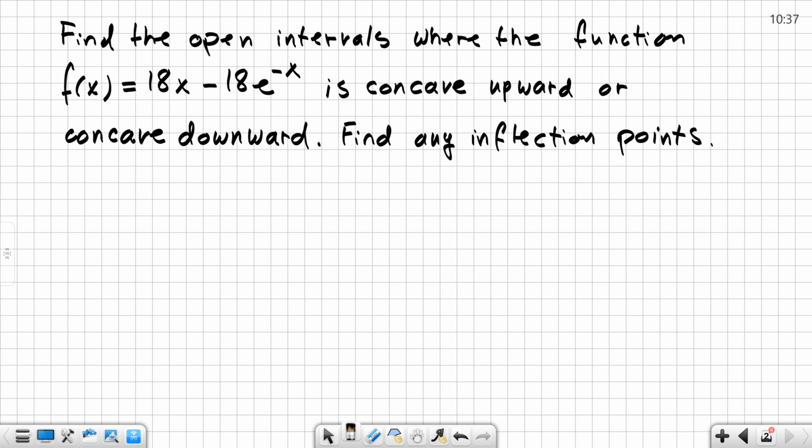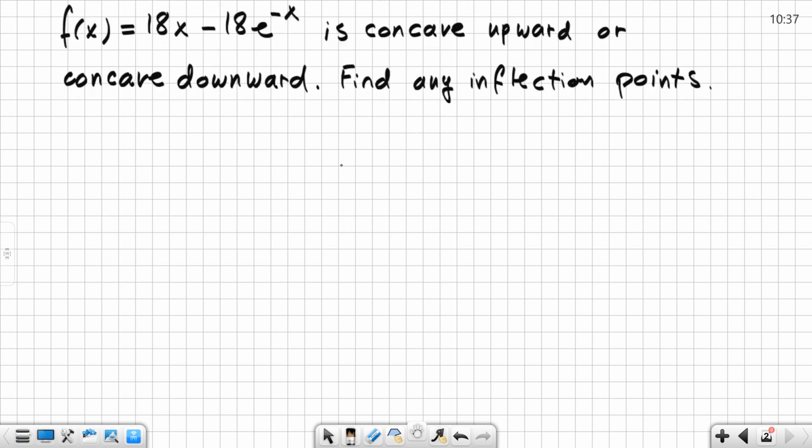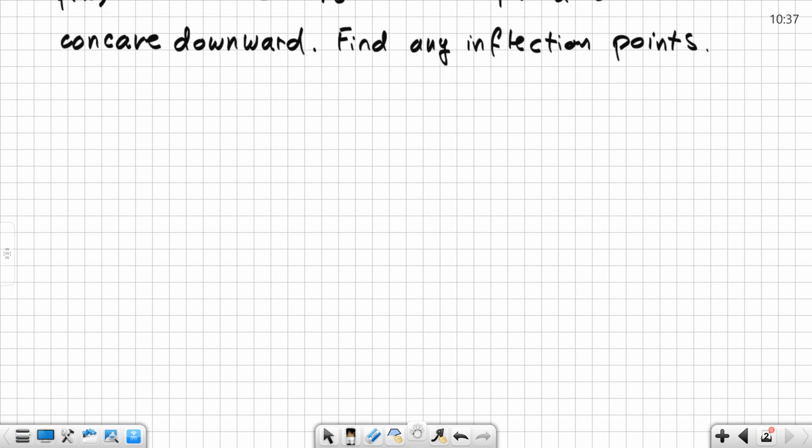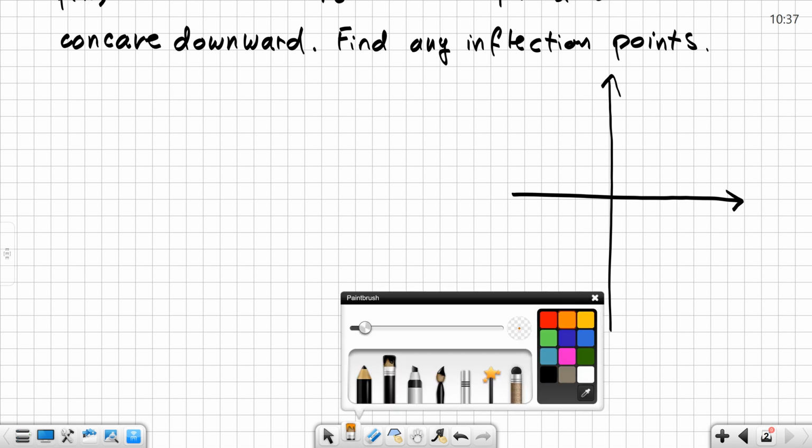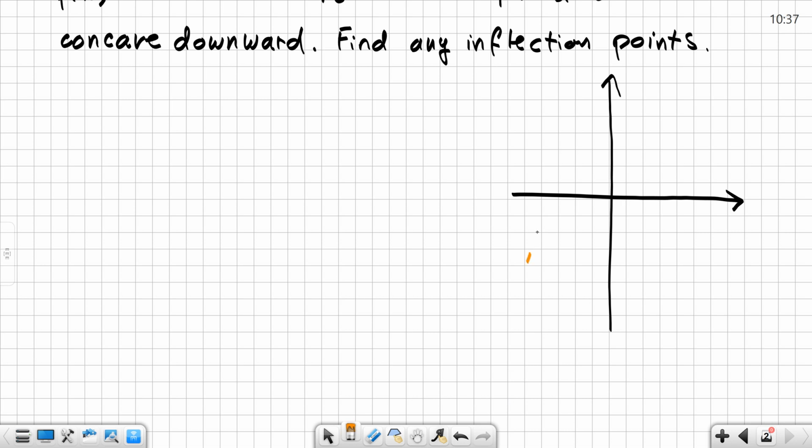As a quick reminder, the best way to remember how the derivatives are interlinked with the concavity, the behavior of the graph, I like to always make myself a little sketch of three different functions. I'm starting with a cubic one. This is the graph of a cubic function.